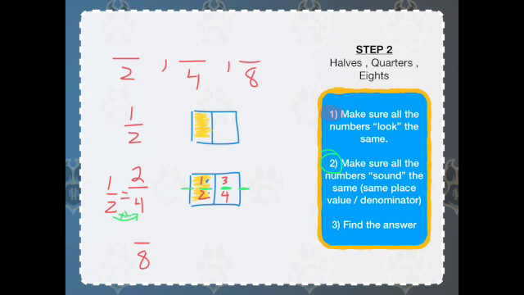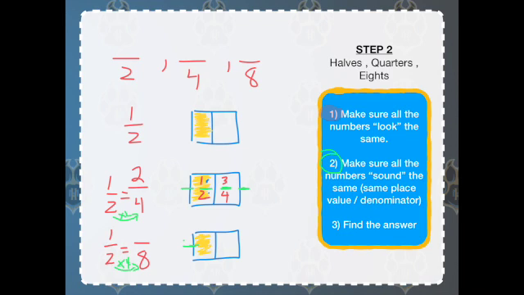Now, if we extend that to working with eighths, we also want to ask ourselves, in 1/2, how many eighths are there? And I'm going to start with the exact same picture. I have 1/2. I look for my relationship between the numbers. So 2 times 4 is 8. And that tells me that to take my picture and go from halves to eighths, I have to cut each piece into 4.